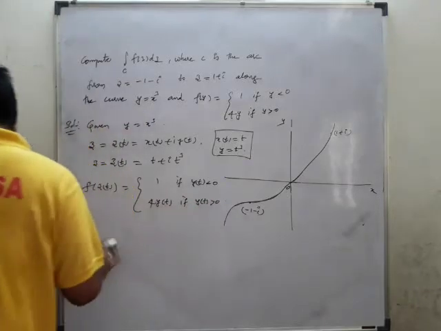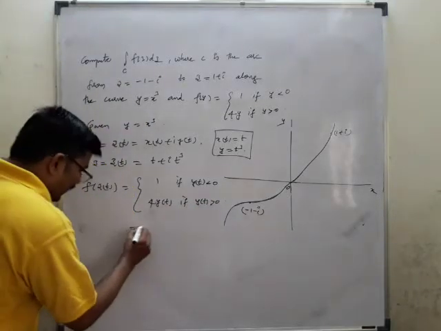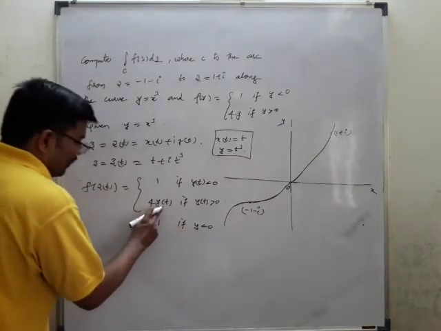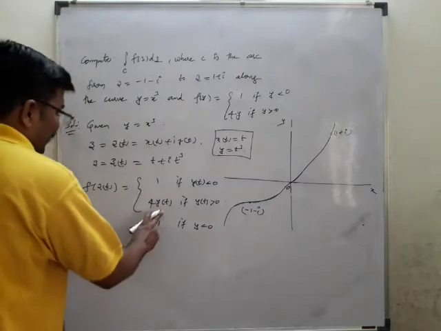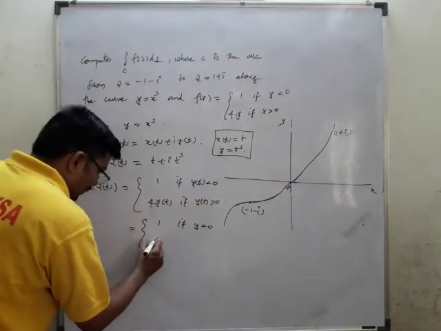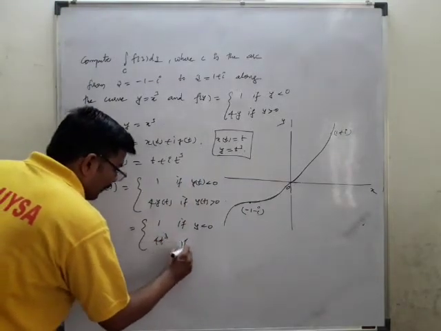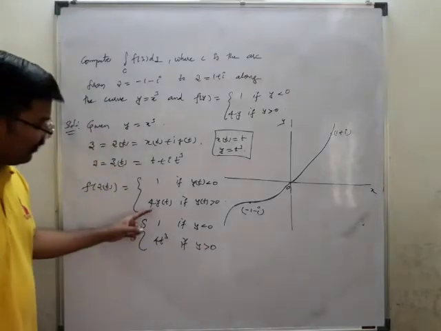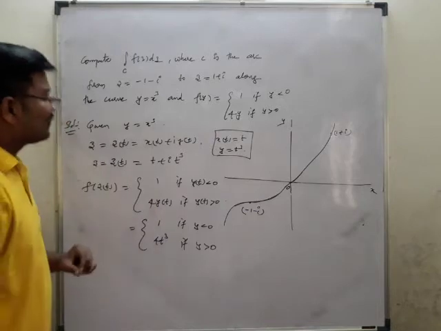Now what is y of t? Y of t is nothing but t cubed. So I may write 1 if y is less than 0, and 4 t cubed if y is greater than 0. These are the two values which we can deduce from this.